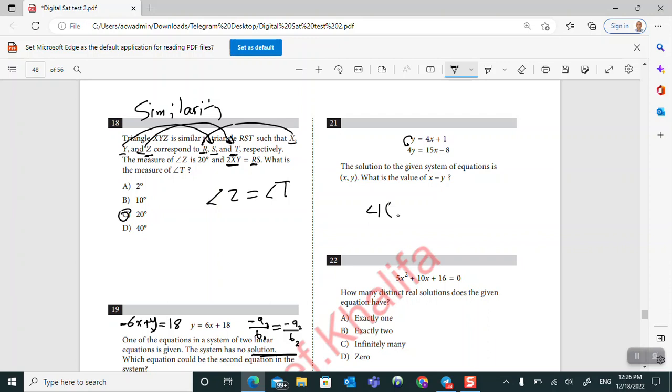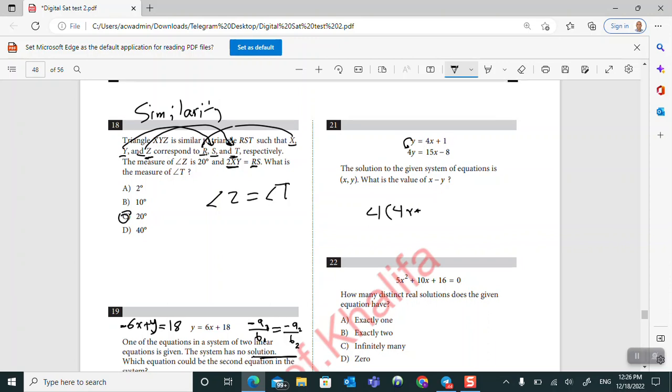So 4 times 4x plus 1 is equal to 15x minus 8. So 16x plus 4 equals 15x minus 8. Solving for x, you will find that x is equal to negative 12.